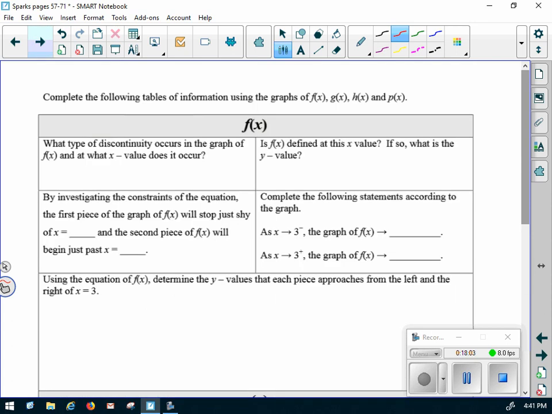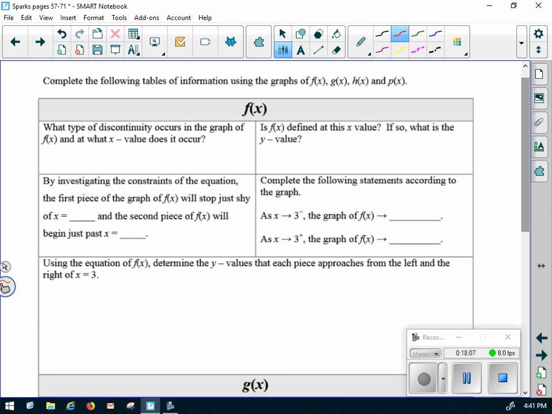Now the only stinky part of this is that we have to keep referring back to those graphs on the previous page. So I'm going to have to keep going back and forth. We're going to complete the following tables of information using those four graphs. So we're going to start with f of x, which is the one in the top left corner. What type of discontinuity occurs in the graph of f of x? Now we said that was a jump. At which value of x does it occur?